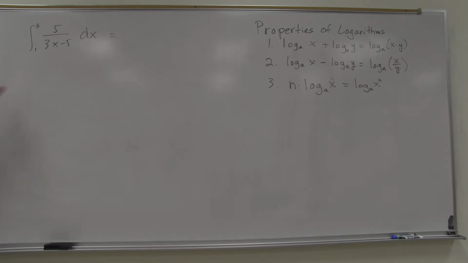You can't just do antiderivative divided by antiderivative, unfortunately. That'd be really nice, but it doesn't work. So again, we're going to do u substitution where u is the denominator. That would make du, the derivative of 3x minus 5, which is just 3 times dx. And so divide by 3, and that gets me my dx.